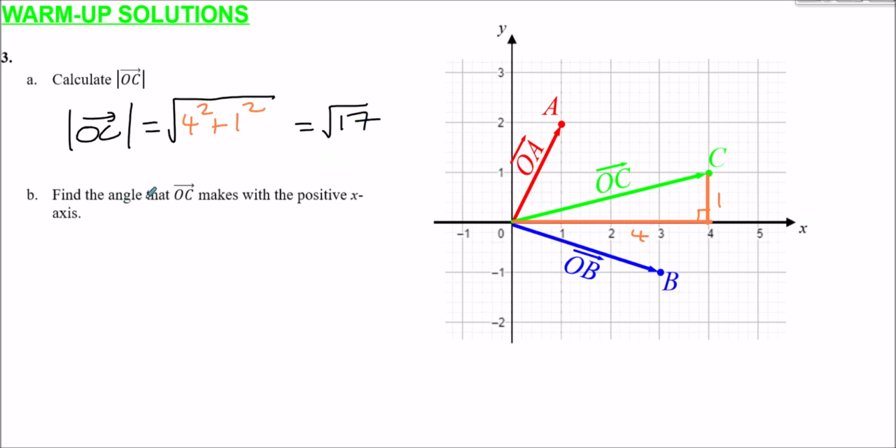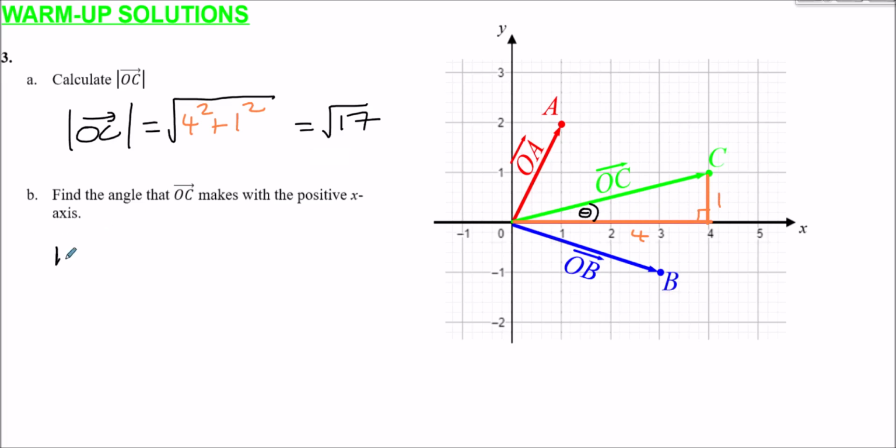And for B, finding the angle that OC makes with the positive x-axis, essentially we want to find this angle here. We know the opposite side is 1, the adjacent side is 4. We know the O and A, it's OA, as in TOA, so we use tan.